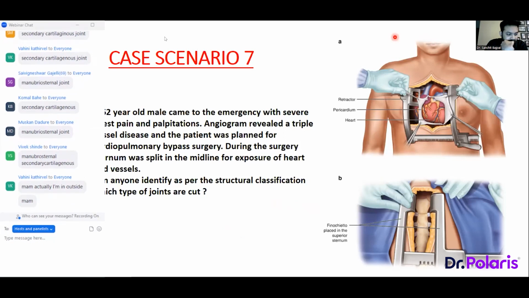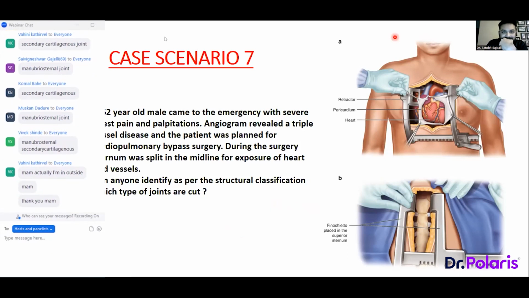Okay, no problem. Sir, she's outside. Anyone else? I would be very happy because I want to clear all doubts here itself in this diagram. We'll go for Sai Vigneshwar then. Sai, Muskan, Komal, Vivek, Vahini or Shraddha, anyone can answer. Let's discuss what is cardiopulmonary bypass. Yeah, I think Sai is there.